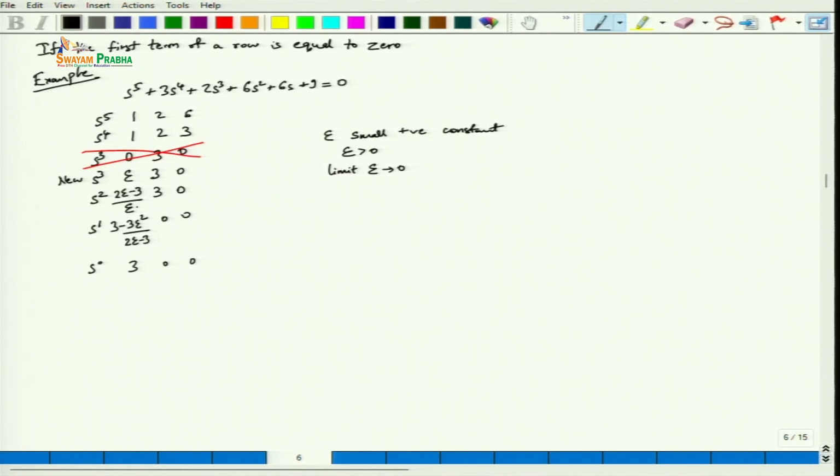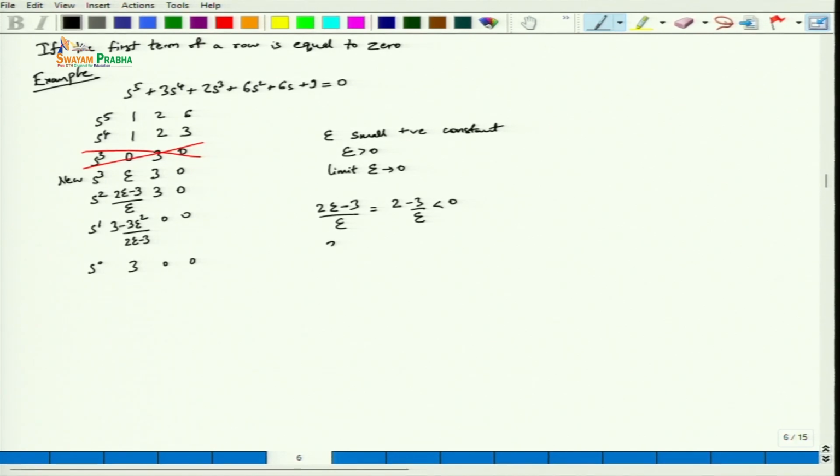Then when we come to s square, the next part, that is 2 epsilon minus 3 by epsilon, this will basically represent 2 minus 3 by epsilon. With a very small epsilon, this 3 by epsilon will be a very large number, and since it's subtracted, this will represent a negative quantity. So this is less than 0.